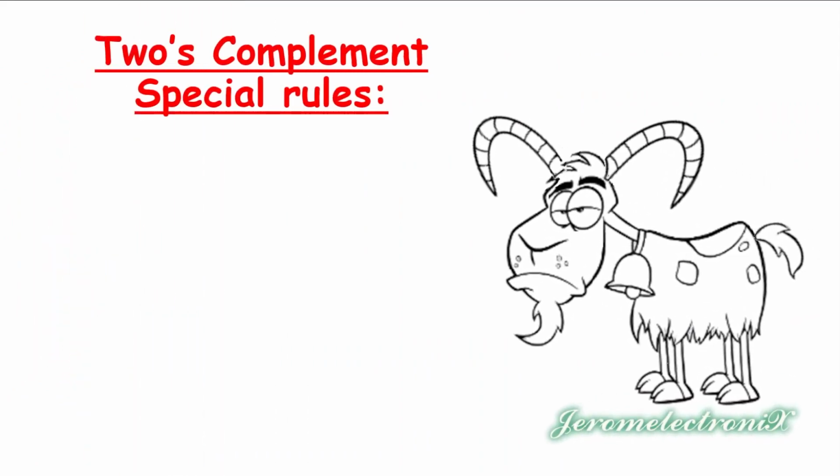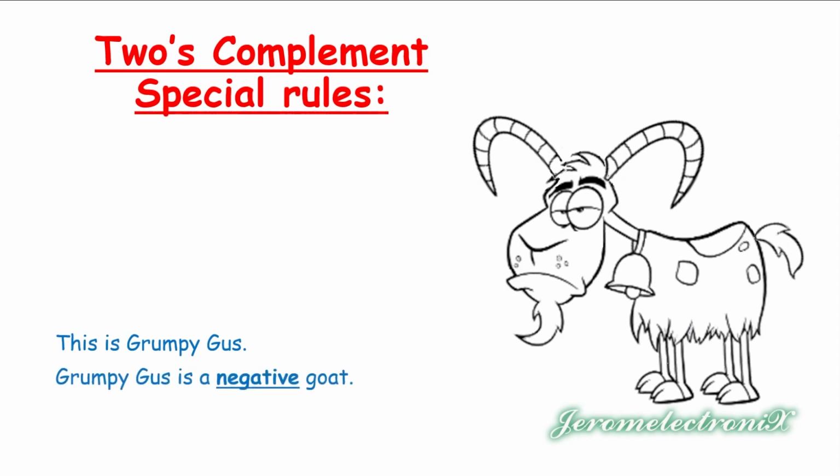2's complement, there's a couple rules we need to talk about as well. Guidelines, probably more like. This is Grumpy Gus. Grumpy Gus is a negative goat. We should 2's complement negative things. So we're going to 2's complement Grumpy Gus to make Grumpy Gus a positive goat.